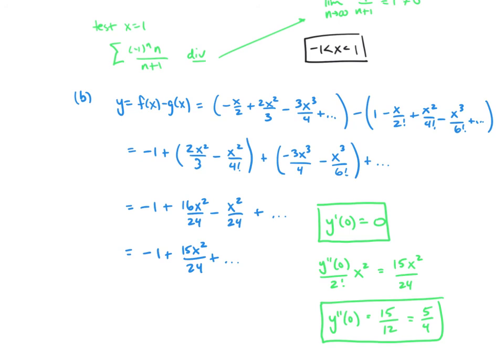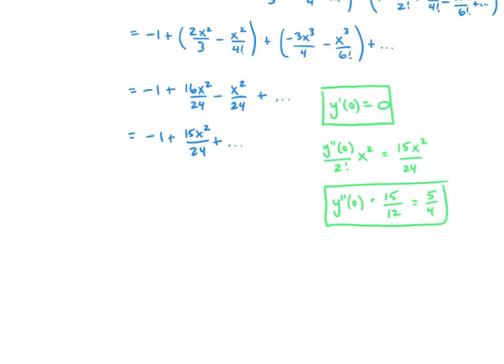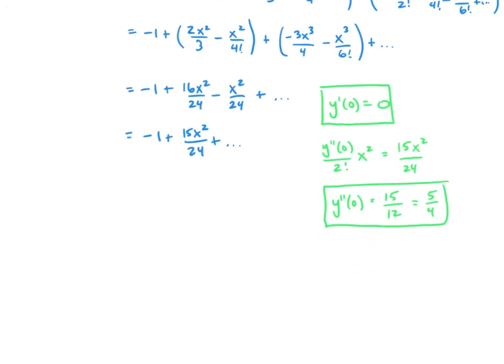Now it asks us to determine whether y has a relative minimum or maximum or neither at x equals 0. Again, this is really similar to that last problem we were working on on the previous page.